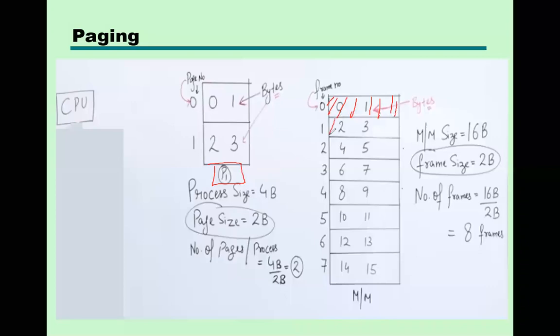This slot is again reserved for another process. This one is free. 4, 5 is free, and 6, 7 is reserved for another process. And again 8, 9 is free. 10, 11 is again reserved for another process.